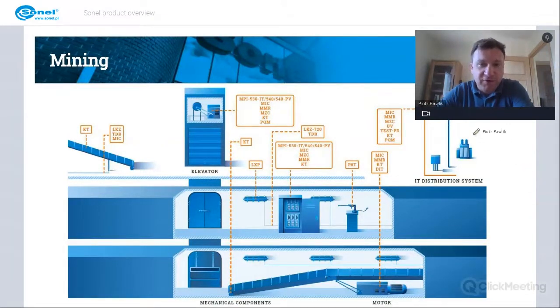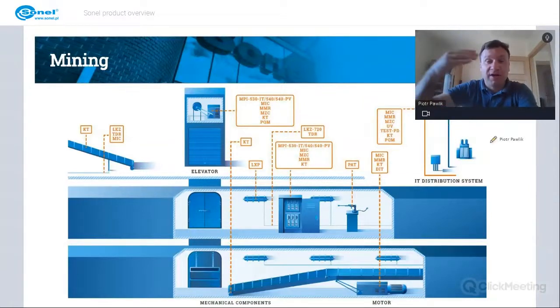First of all, we get the transformer, with some power coming in from the transmission and distribution system. In most mines, this will be the IT distribution system. IT means that the central point of the transformer is insulated.